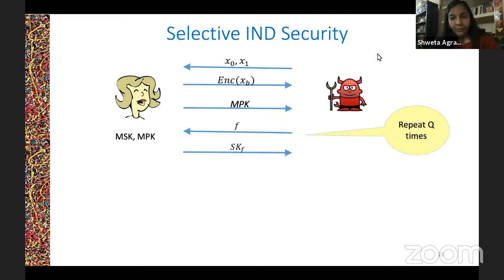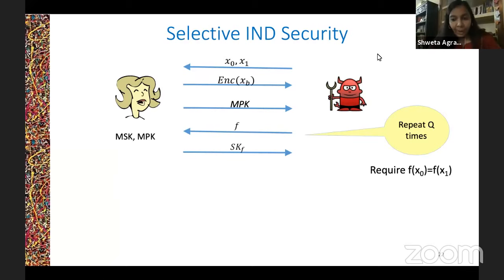It will get those keys, right? And it can make, let's say, Q such queries. Now here, note that it should be the case that f of x0 is equal to f of x1 for any f that you queried. And why is that? Because, well, functional encryption lets you compute f of x given the secret key and the ciphertext. So obviously, if the function itself distinguishes the 2 messages, then you have no hope of security.